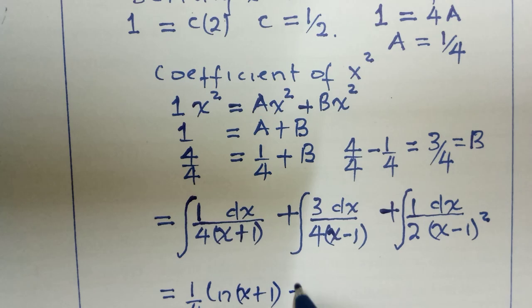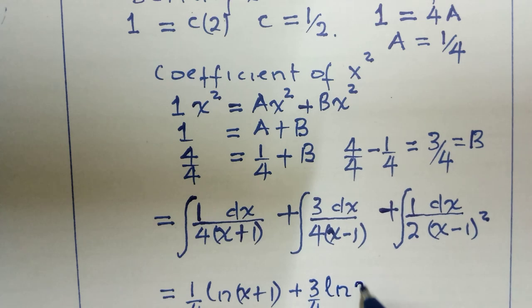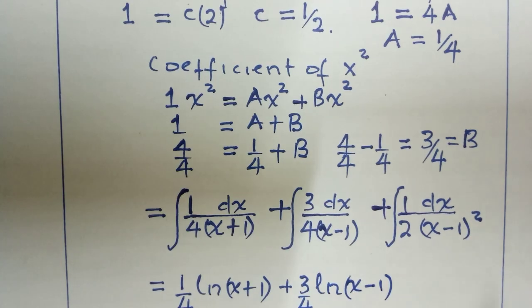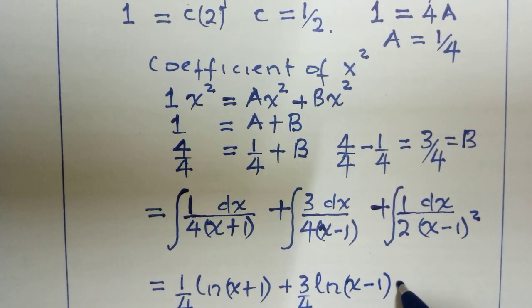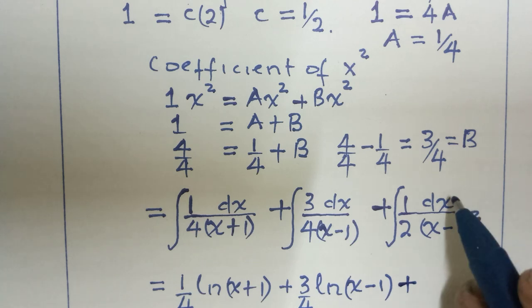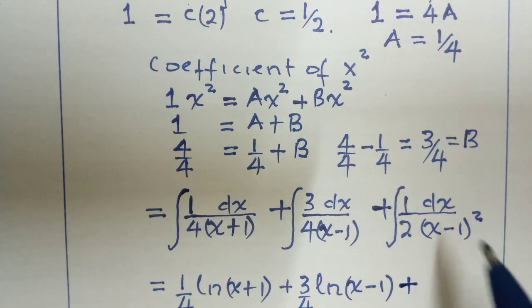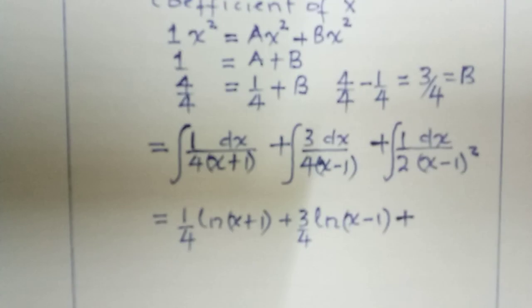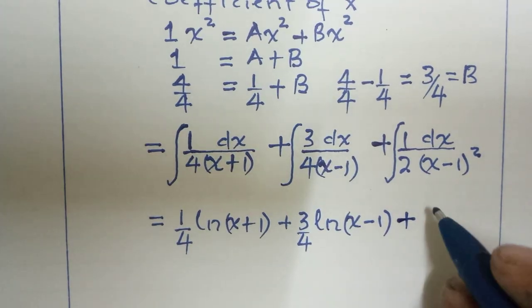This other one we get 3/4 ln x minus 1. While this other one, guys, we shall have plus, if we move this one in the upper side, guys, for example, if we do like this, we write a half there.